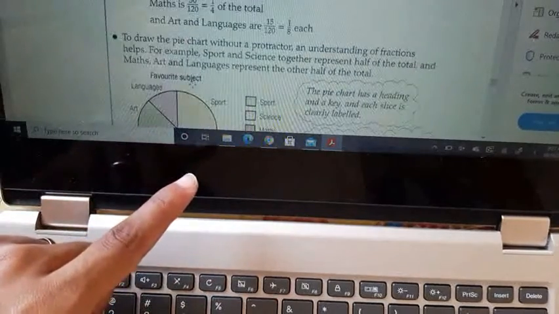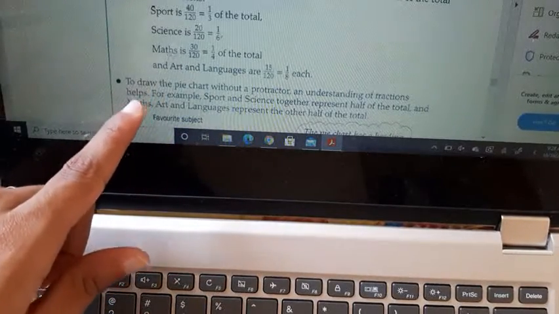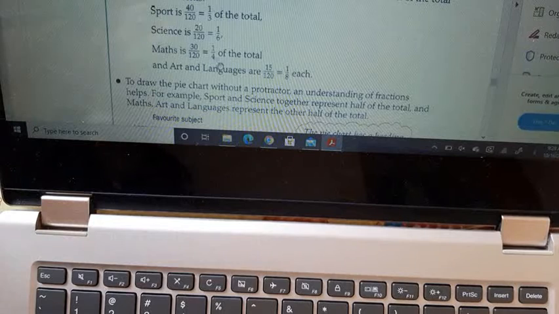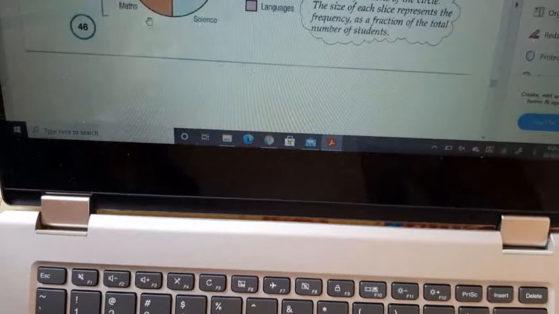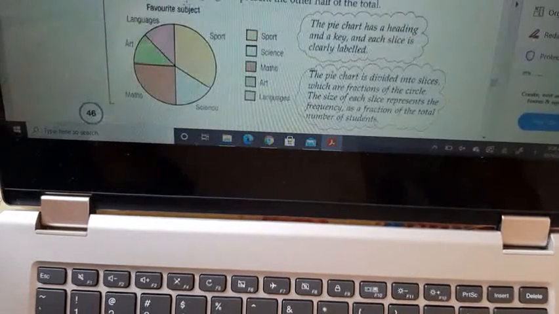Okay, what about the math? Math had 1/4 of the total. And 1/4, you know, the quarter, right? If you look at the pie chart, you are going to observe this.